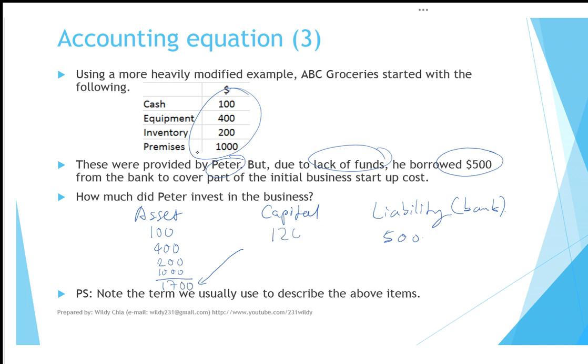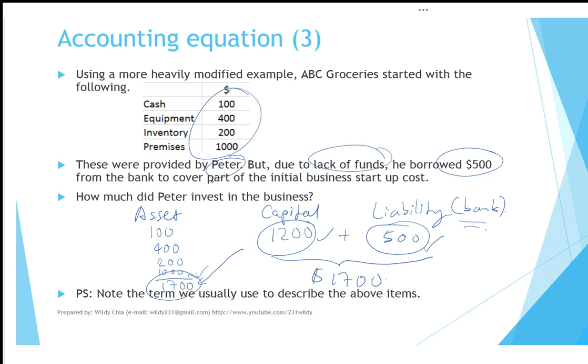In this case, 1,200. How do we know that it's 1,200? Simple. Total assets available is 1,700. So capital that was provided is only 1,200. It wasn't enough, so the other part of the money that was used to purchase all this equipment and whatever it is came from borrowings from the bank. So the total of capital and liability gives us 1,700.